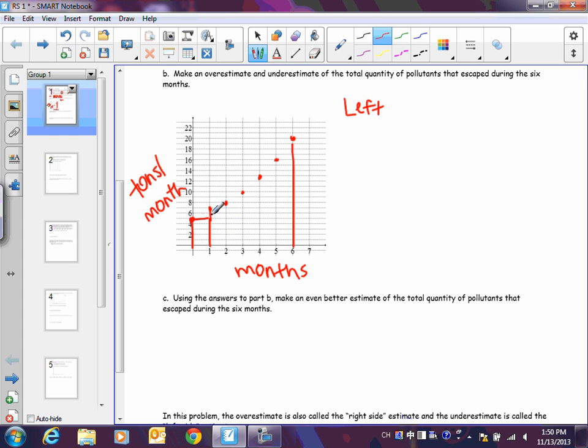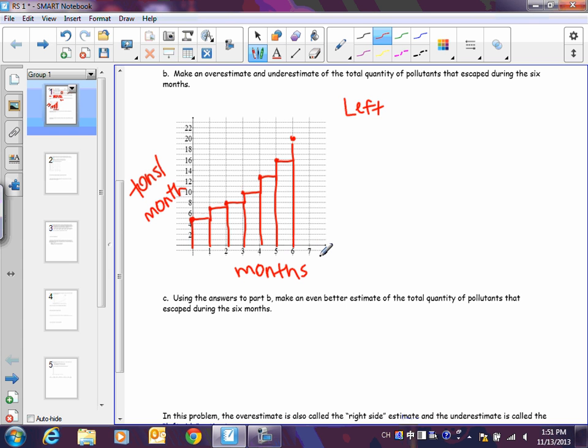I'm going to pick the left point to make my rectangle. And the right one is coming up as well. So if you look at all these rectangles, what I could do is find the area of these rectangles. Area of rectangles is super easy. And I'm not going to go between 6 and 7 because it doesn't say into the 7th month. It's just in the first 6 months.